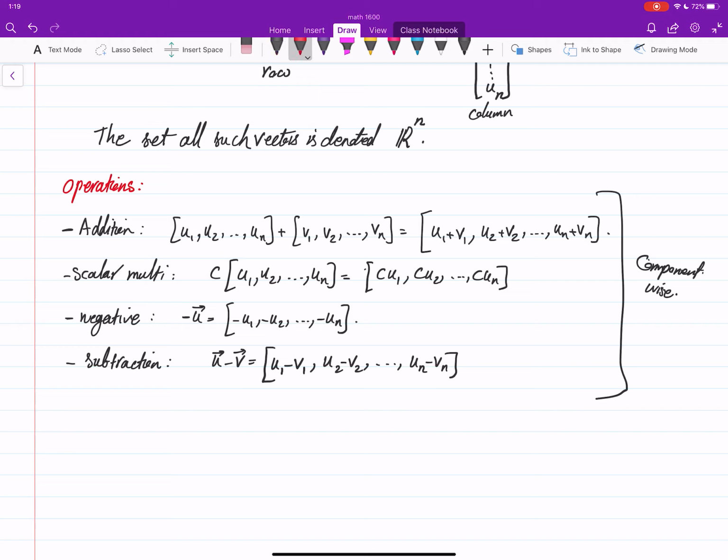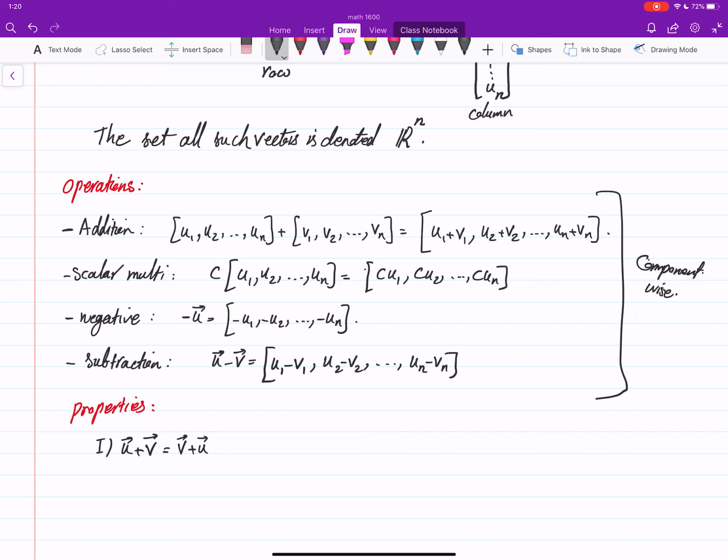What about the properties? Most of the properties that the numbers have will carry over for vectors, at least for addition, scalar multiplication and subtraction. So for example, if you have a vector u you want to add to v, this would be the same thing as if you add v to u.